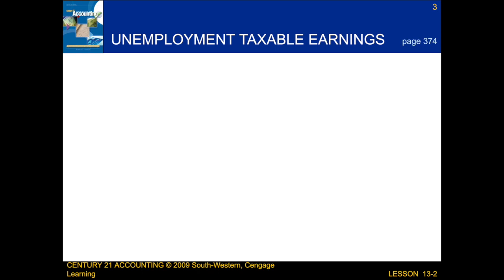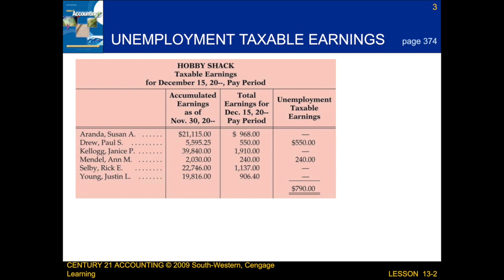Okay, next we're going to be talking about unemployment taxable earnings. What we're looking at here is a taxable earnings chart from HobbyShack Incorporated for the pay period ended December 15th. When we fill out, complete, and analyze a taxable earnings chart, and we fill out the unemployment taxable earnings column, there are a few steps that we follow.